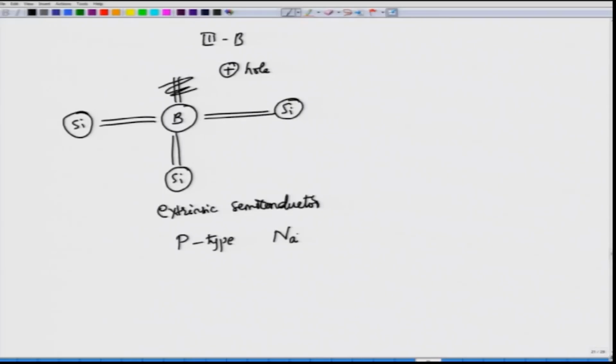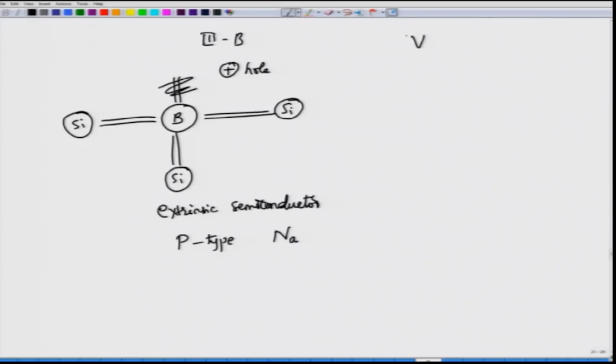Boron accepts these 3 but does not accept the other valence electron, because it is bound to silicon and will not be able to detach from itself. Therefore, substituting a few silicon atoms with group 3 elements will result in a lot of holes.